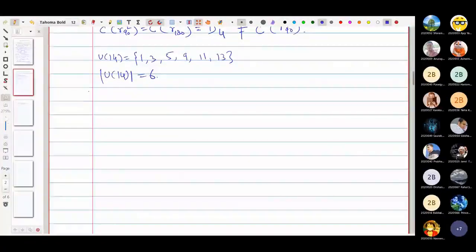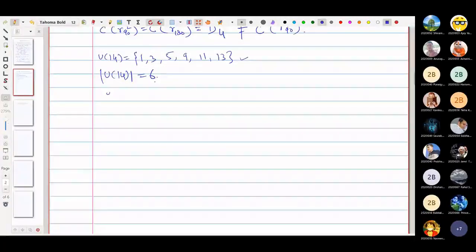Very good. Please note down one point for this. So if we can find at least one element in U14 which has order 6, then that element will become a generator of U14, and hence U14 will be a cyclic group.